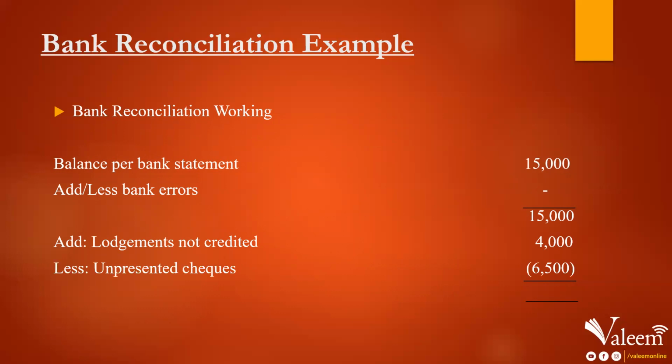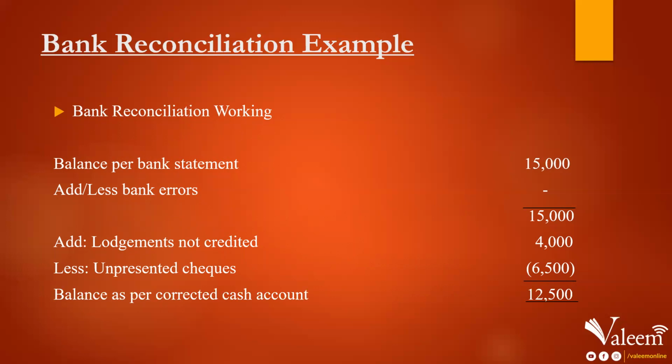Similarly, the unpresented checks of 6,500 have to be deducted from my bank statement balance because these are amounts which will be paid out of my bank account eventually when the supplier to whom I sent the check gets their check processed. So 15,000, add 4,000, subtract 6,500, we get $12,500.